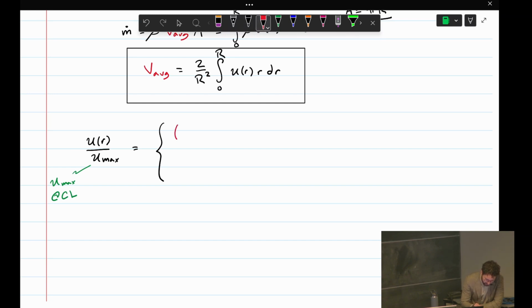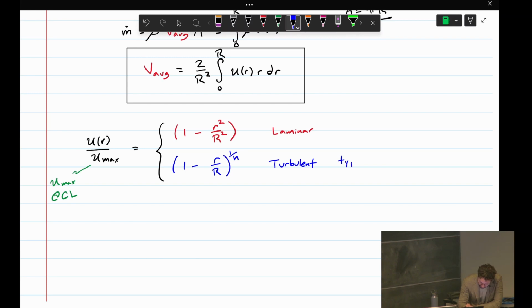So for a laminar pipe flow, that's 1 minus r squared over big R squared. For a turbulent pipe flow, it's 1 minus r over R to some exponent 1 over n. And typically n equals 7. So that n varies with Reynolds number, but we will use generally n equals 7 for the turbulent velocity profile.